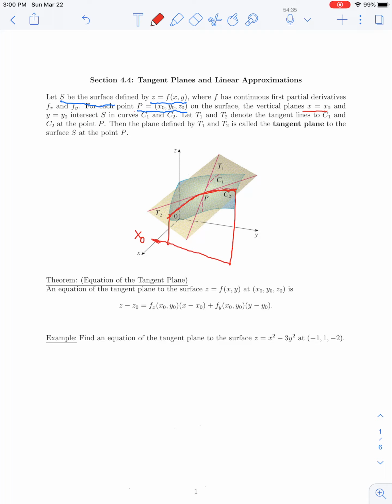And we could consider similarly a plane defined by y equals y naught.